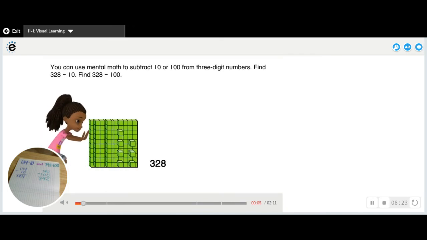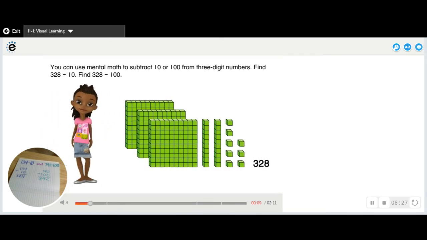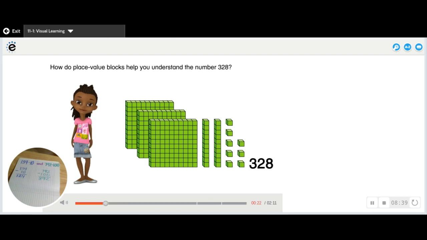You can use mental math to subtract 10 or 100 from 3-digit numbers. Find 328 minus 10. Find 328 minus 100. How do place value blocks help you understand the number 328? Okay, place value blocks help us understand the number 328 because we have the visual picture, right?